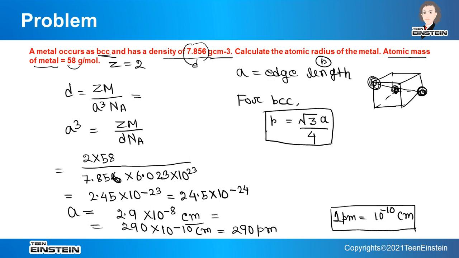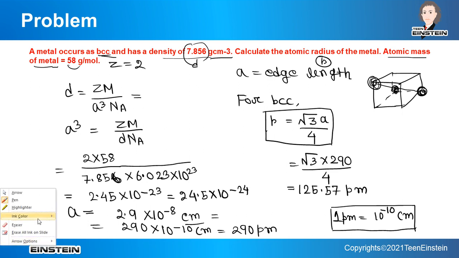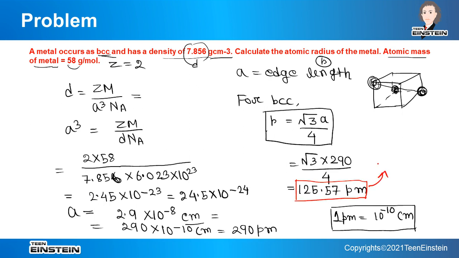Now we will put all the values: root 3 into 290 divided by 4, and this will be equal to 125.57 picometer. So this is the value of the radius, the atomic radius.